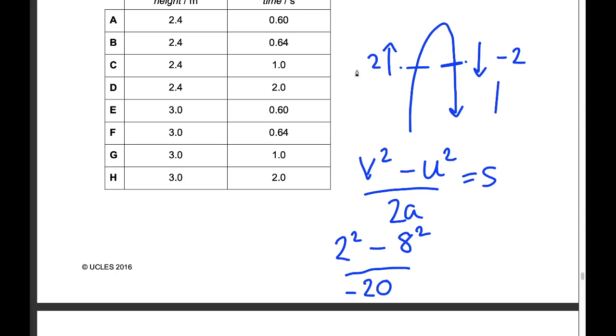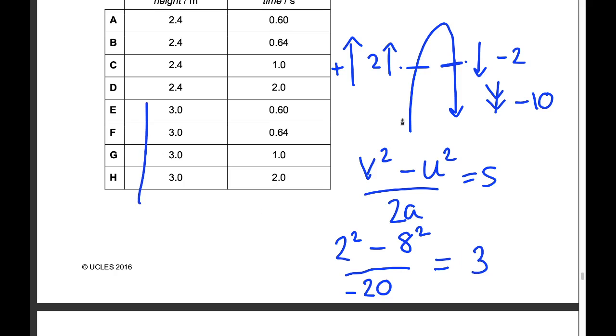I should have told you which direction was positive, but acceleration is downwards, and I'm going to take this to be my positive direction. So I'm going to end up with -60 over -20, which gives me a height of 3. A displacement of 3 upwards. So 3 are these ones here.